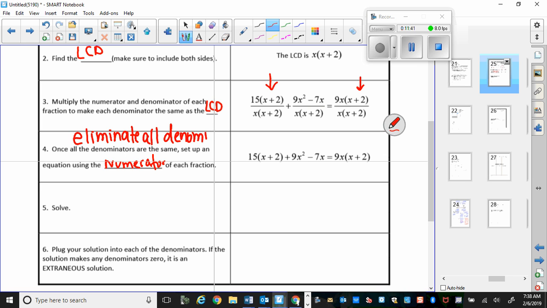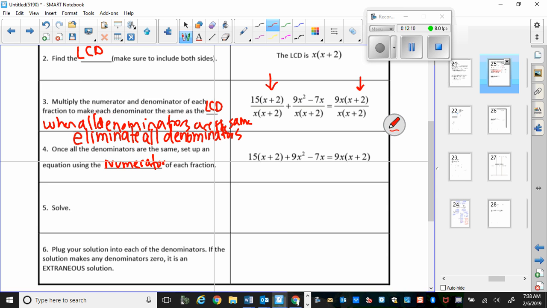When all denominators are the same, we eliminate all denominators. Okay, so then we're able to solve for this variable. We're at an algebraic situation here.